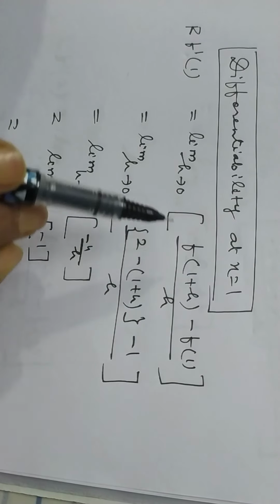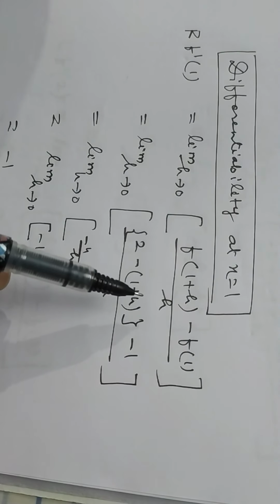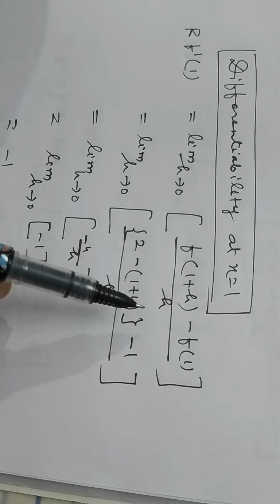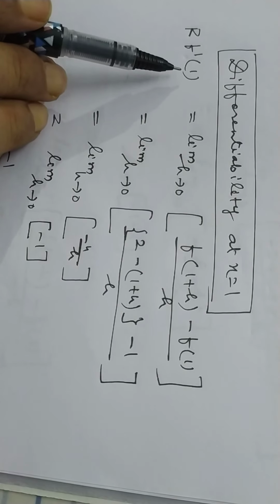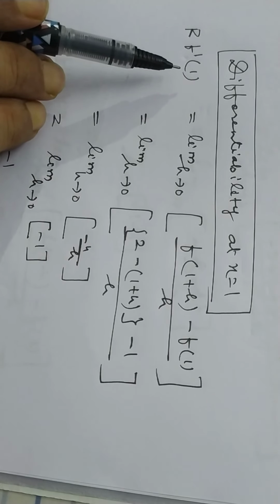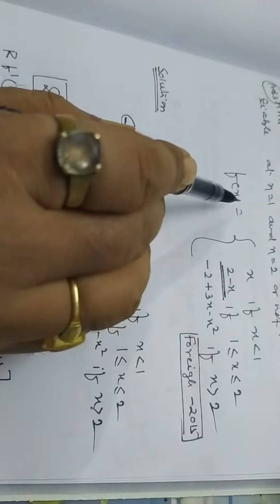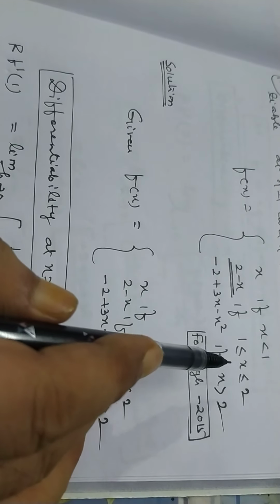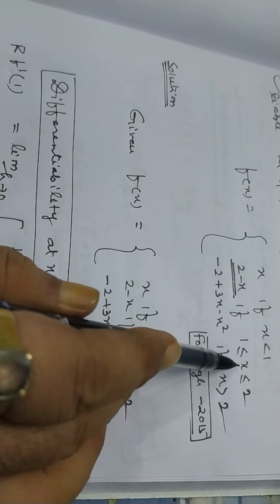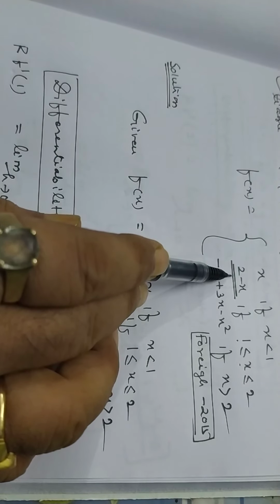Now, limit h tends to 0, f(1 + h) - f(1), at x = 1 when x > 1. So we have this rule, f(x) = 2 - x if 1 ≤ x ≤ 2. So if x ≥ 1, then the value of the function is 2 - x.